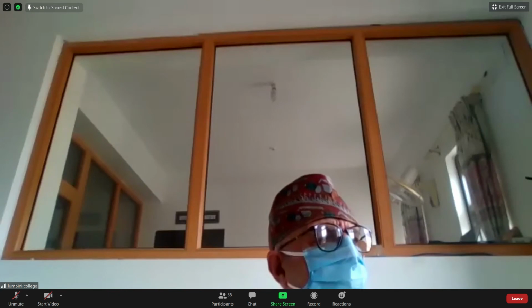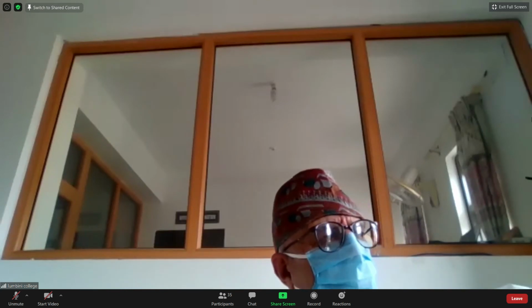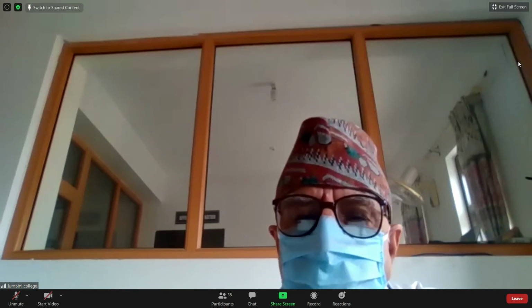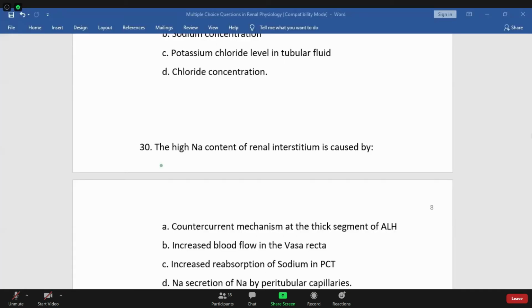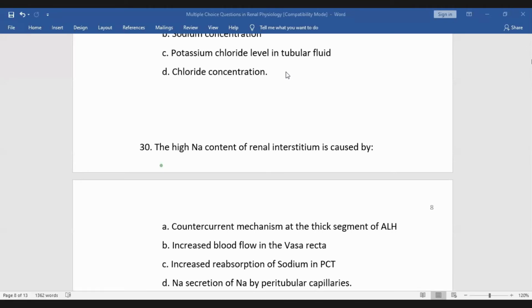Whenever the sodium is reabsorbed, it is immediately taken to the extracellular fluid and ultimately taken into the blood. So it is not increasing the renal interstitium. Any secretion of Na by peritubular capillaries? No. Peritubular capillaries don't secrete sodium. They take the sodium into the renal vein, right?